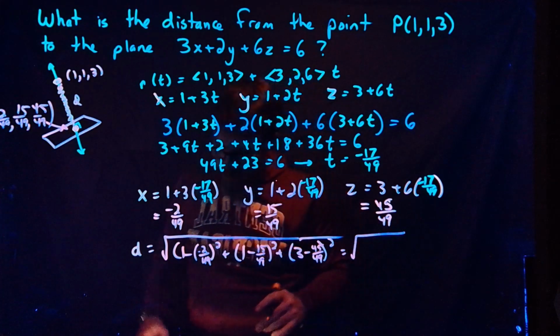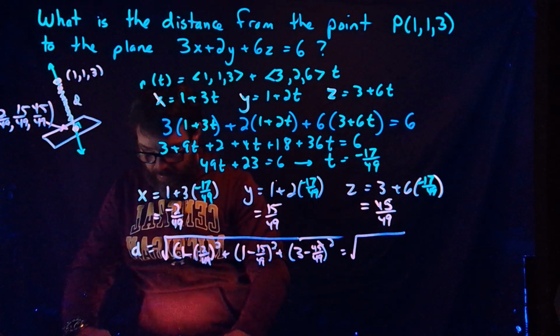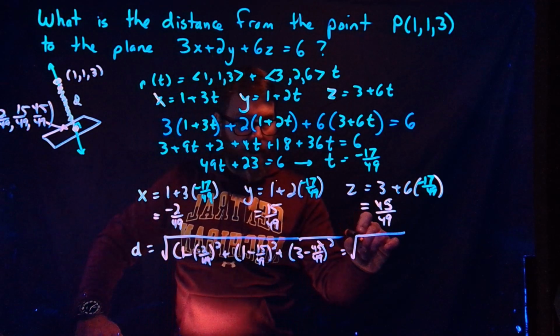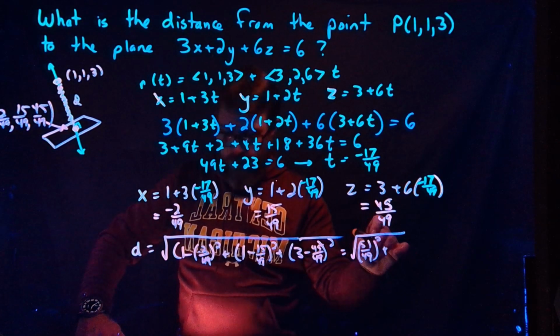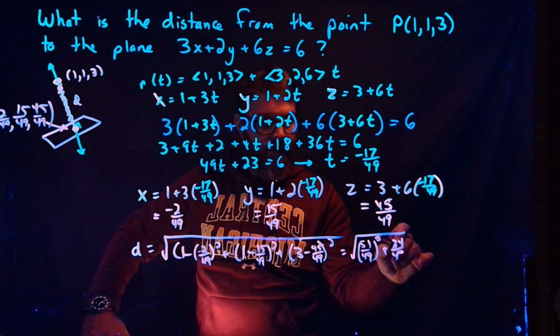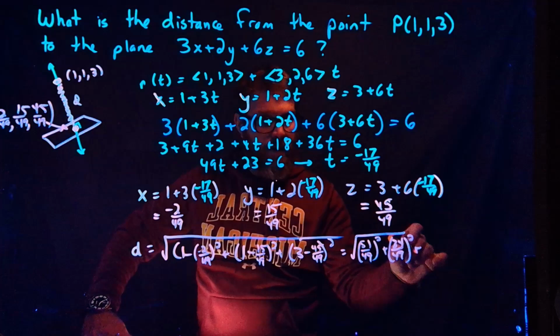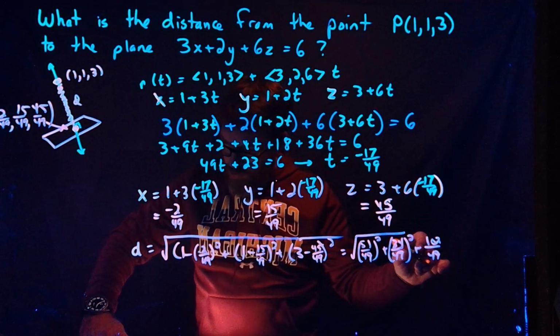Simplifying this, we're going to get 51 over 49 squared, plus 34 over 49 squared, plus 102 all over 49 squared.